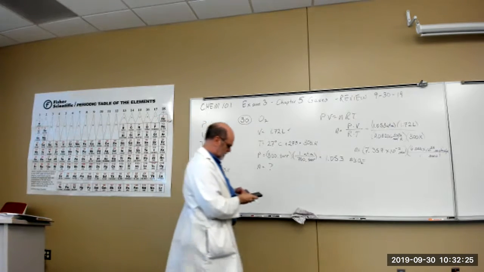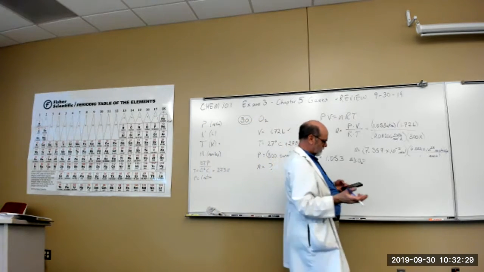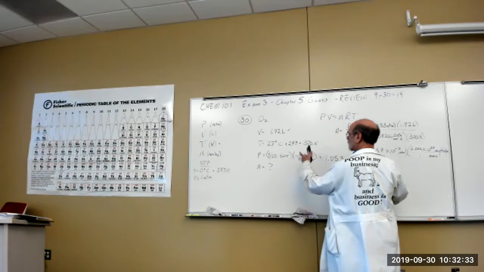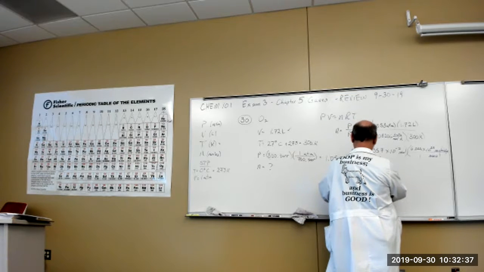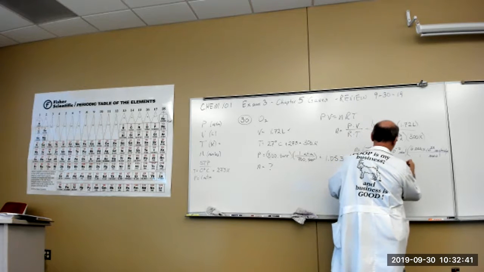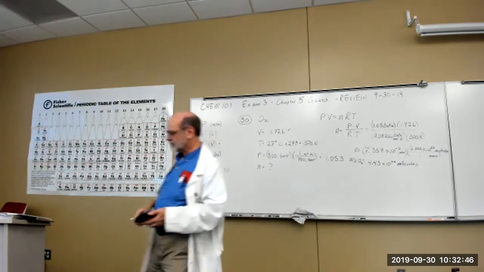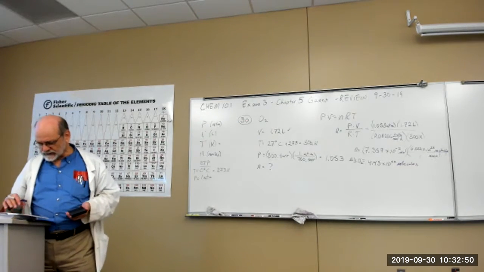So let's see, 6.022 times 10 to the 23. So I get 4.43 times 10 to the 22. Now I'm going to round it off to 3 significant figures because of that. Molecules. So let's see if that's in the answers. Looks like it's A.